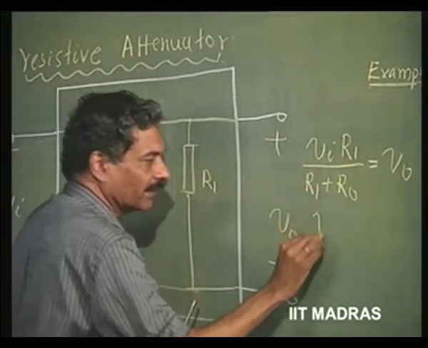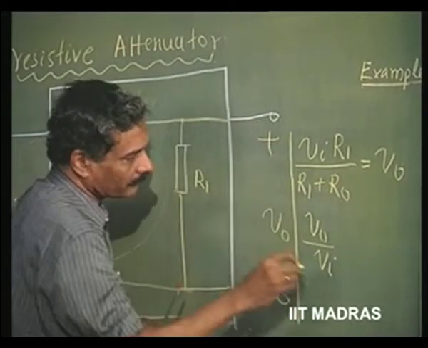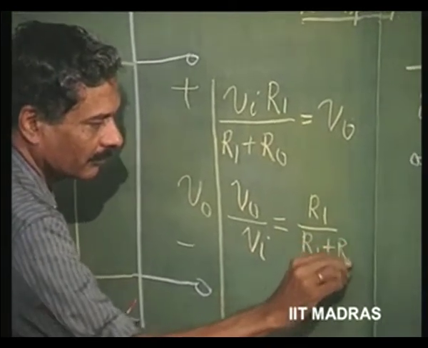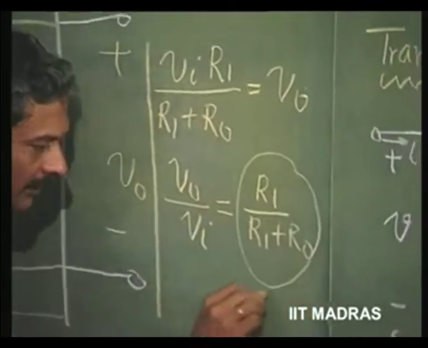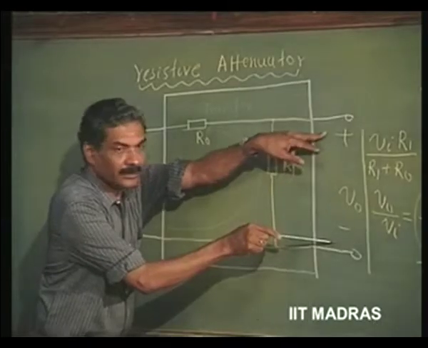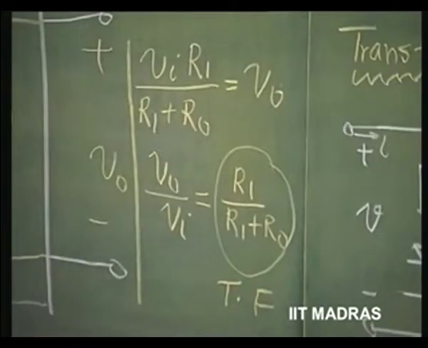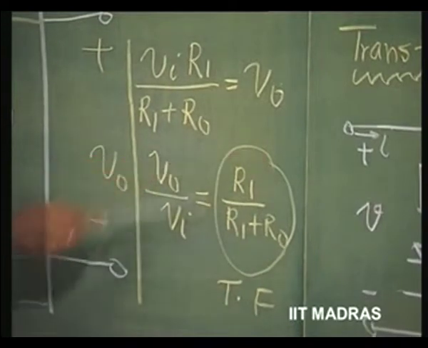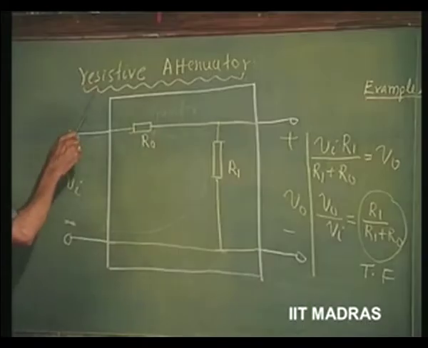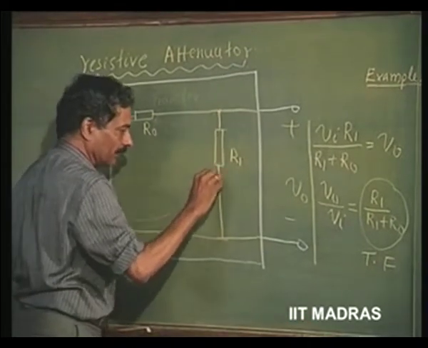So, the transfer function V naught over VI is equal to R1 by R1 plus R0. This is what is called the transfer function. The input is transferred to the output by a factor which is this. That is why it is called a transfer function, transfer of input to the output with this kind of attenuation. This is a simple resistive attenuator which is commonplace in your cathode ray oscilloscope and such other meters.